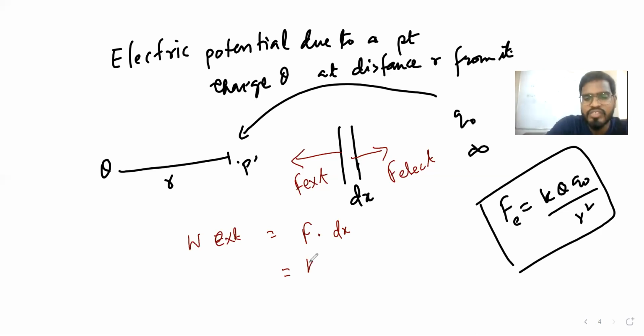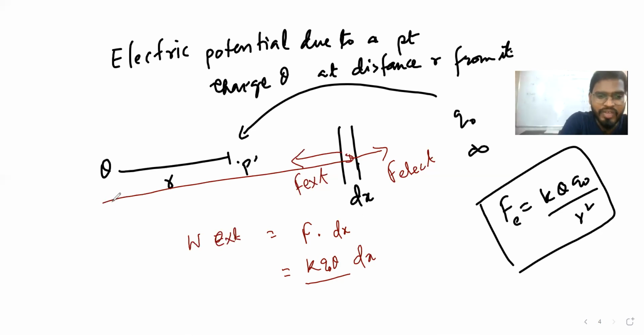So that force is going to be K Q naught by x square, since the distance we consider is from here to here, x. So K Q naught dx by x square.